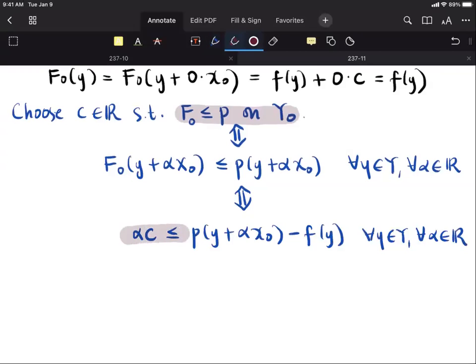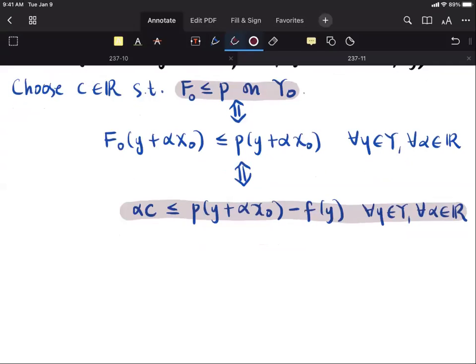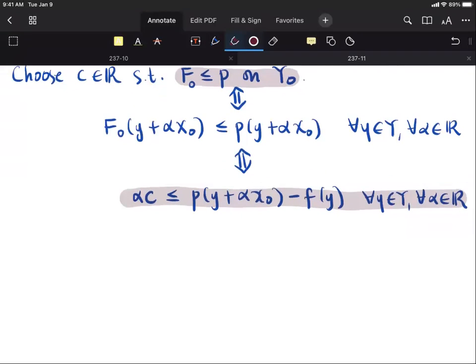So we choose c in such a way that this is valid. Let us label this as asterisk.